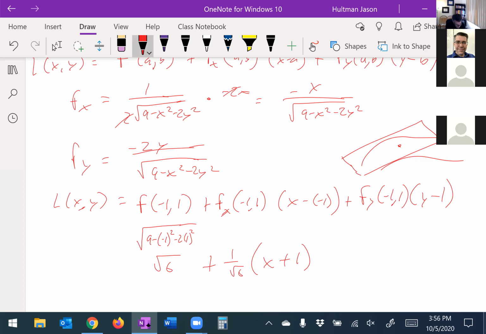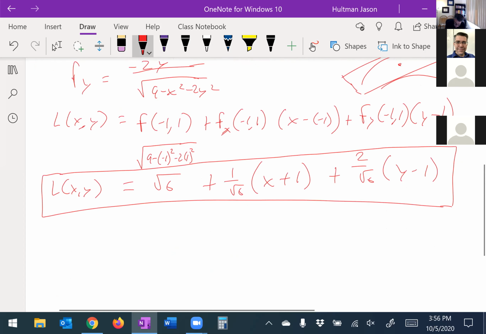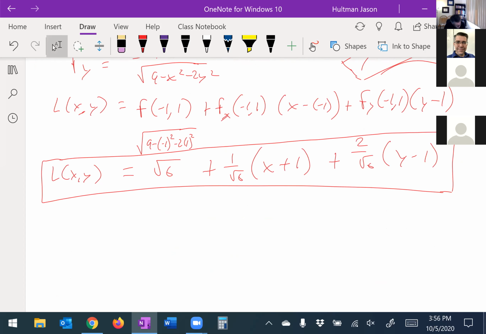Plus, what's this one going to be? That's just going to be 2 over radical 6 times y minus 1. And that's L of x, y. Now it's saying use this as an approximation to the original function value at the point -0.93, 0.75.